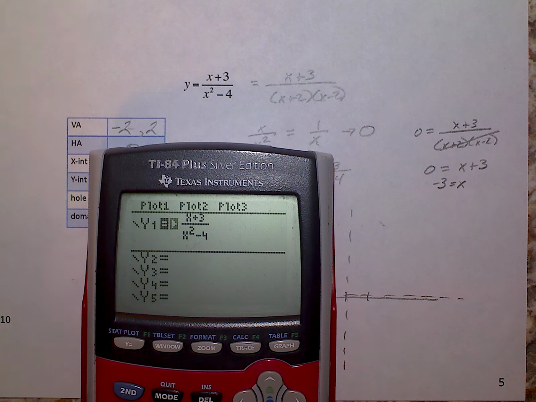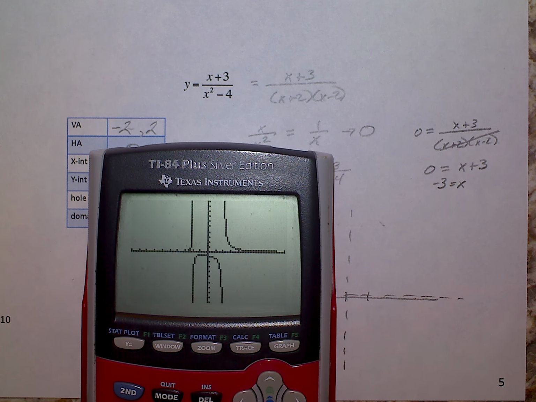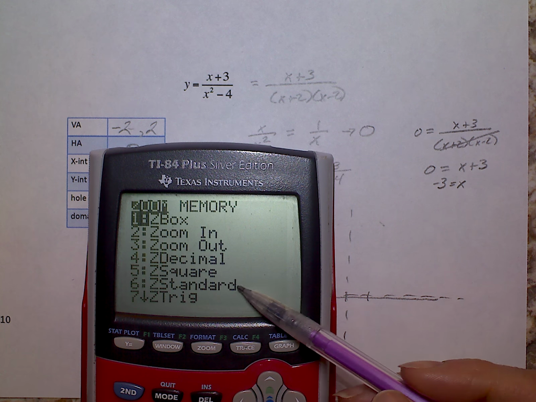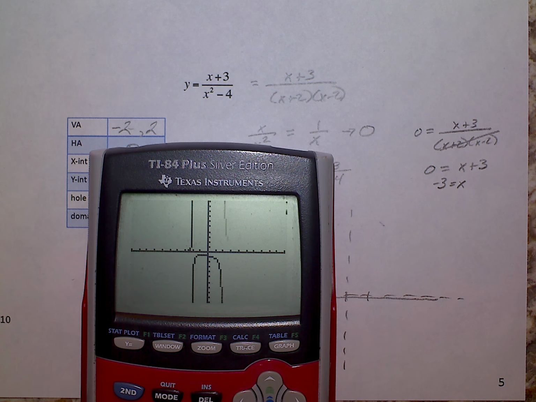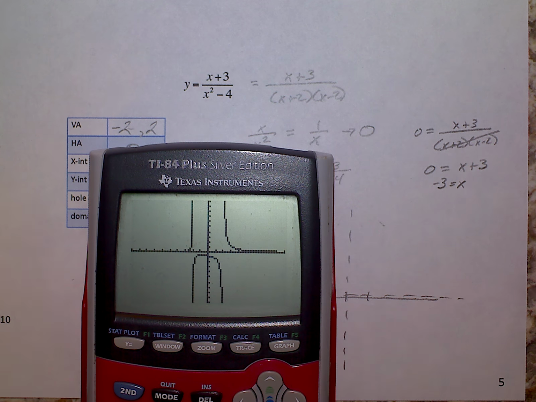Oh, that's why it looks familiar. All right. When I do this, I plug it in there and I can go look at the graph. Remember to do zoom standard. Zoom number 6 standard takes it back to a 10 by 10. Just as a help. All right, so we can see that it's coming down on the side over here.